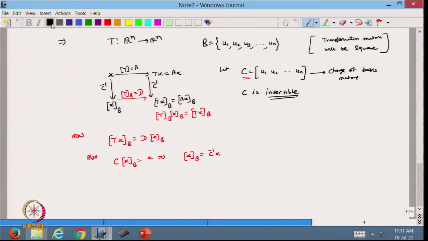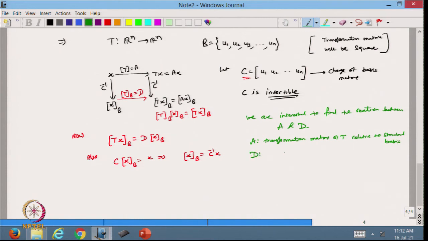So, now let us see what is the relation between D and A. We are interested in finding the relation between A and D, where my A is the transformation matrix of T related to the standard basis, and D is my transformation matrix of T related to basis B, the new basis I am writing here.